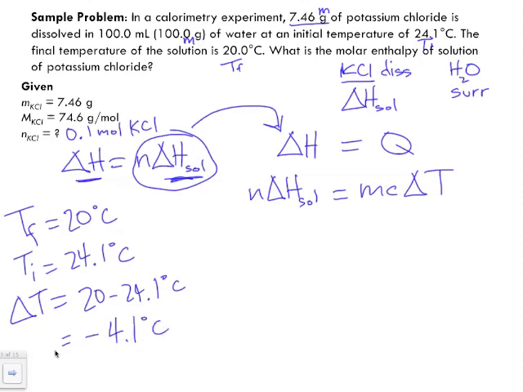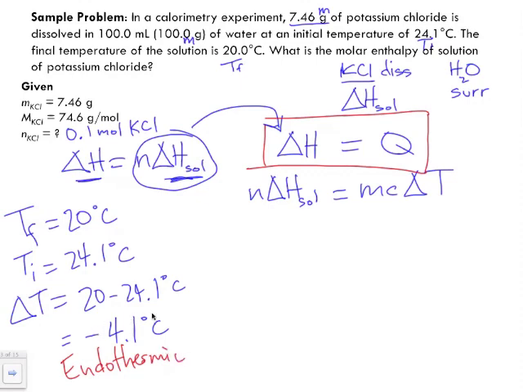So now, because we get this delta T being negative, we know that heat is going to leave from the water to cause this KCl to dissolve. So in other words, because this value is a negative 4.1 and we're dealing with delta H equal to Q, our solution and pretty much outside of our solution, our surroundings, we are looking at what we call an endothermic reaction.